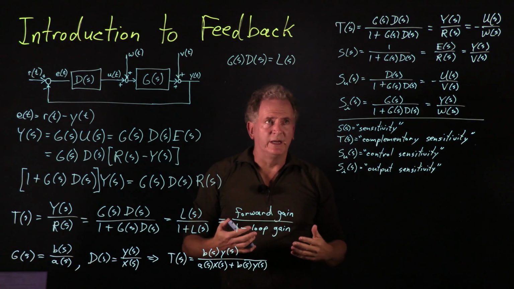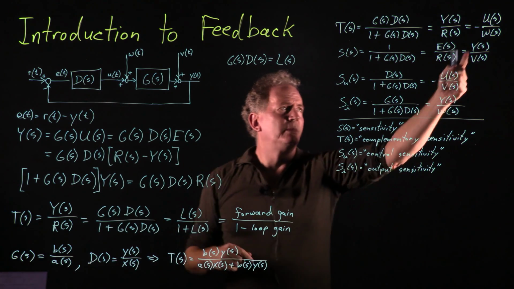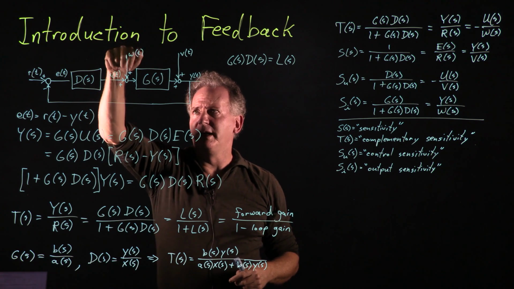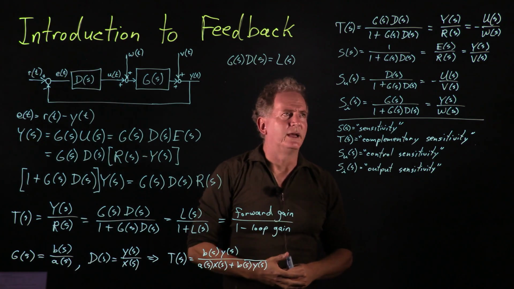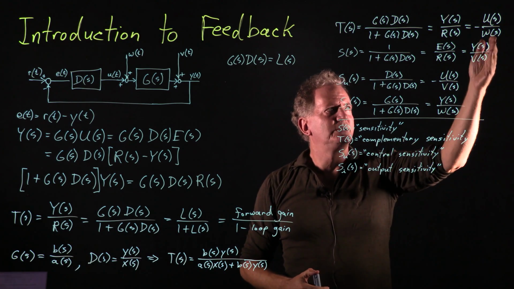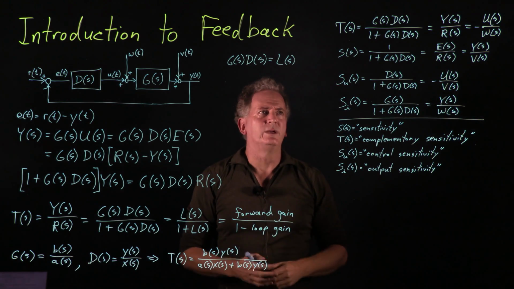But we would also like the control signal u to not respond so much to external disturbances that come in w. So we would like the transfer function from w to u to be small if we could get that. You see that we can't simultaneously make that response small and make this near unity. And so there's a limit of what we can do.